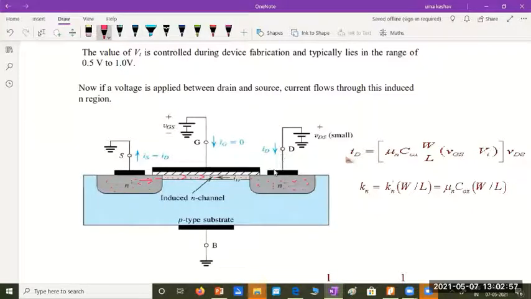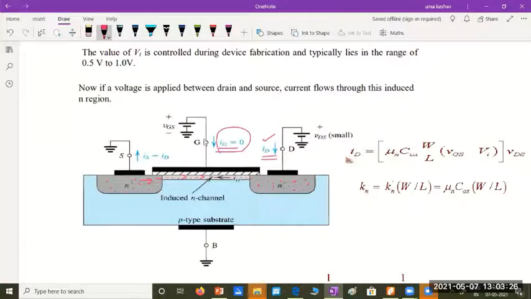Since the drain is connected to positive, electrons will get collected in the positive of this drain battery. That will lead to the drain current ID. And because of the positive voltage at the gate, we will have a very small gate current, but that value of gate current is so small that I can assume it to be 0.